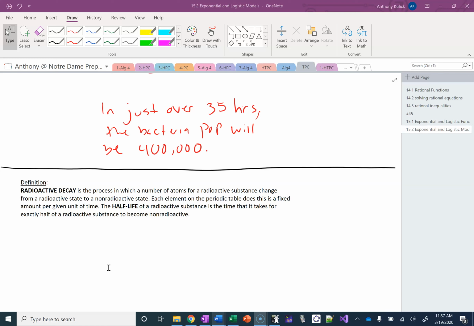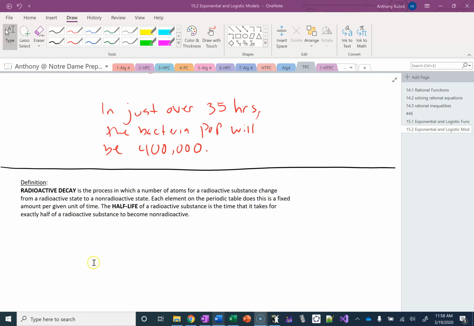Each element on the periodic table does this in a fixed amount per given unit time. The half-life of a radioactive substance is the time that it takes for exactly half of a radioactive substance to become non-radioactive.